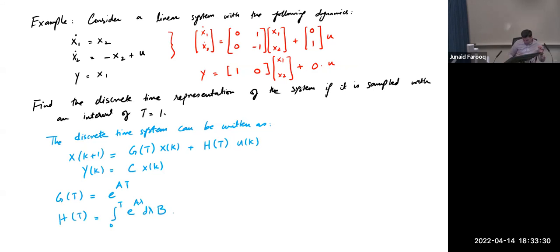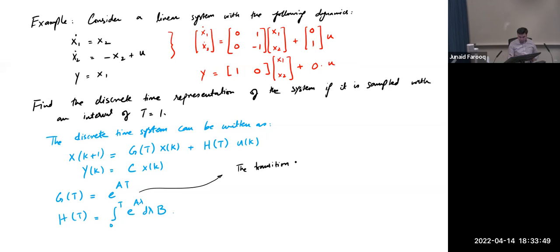Okay, so the first thing is, how do we get e to the power AT? e to the power AT is also called the transition matrix.